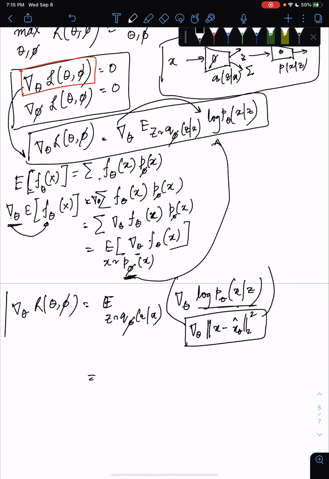Empirically it can be written like this: L2 norm, 1 by n, i is 1 to n. This is the Monte Carlo approximation. This is this, and here is my gradient. It won't be a problem.